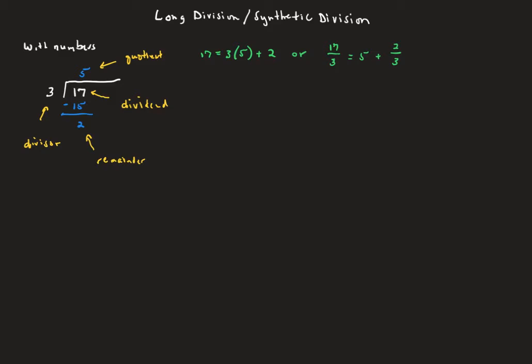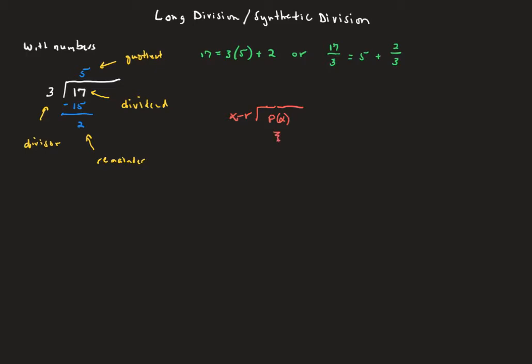So what we are going to be looking at is we're going to have a divisor of x minus some number. We're going to divide that into some polynomial, which I'm going to call p of x. So we're going to divide x minus r into p of x.